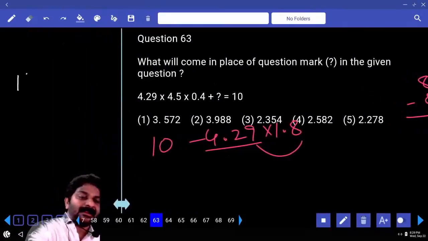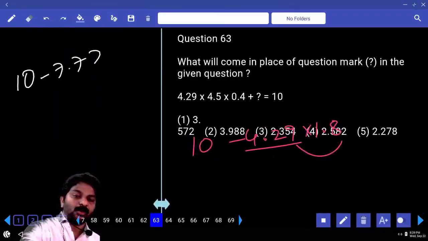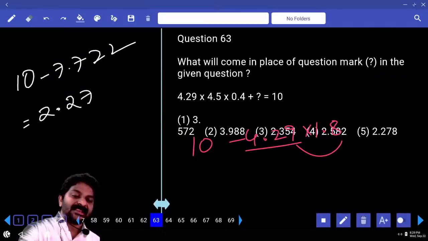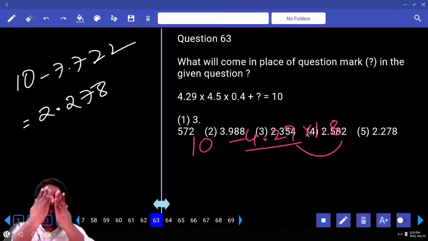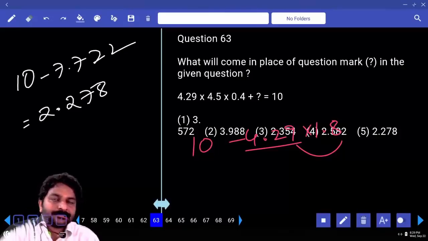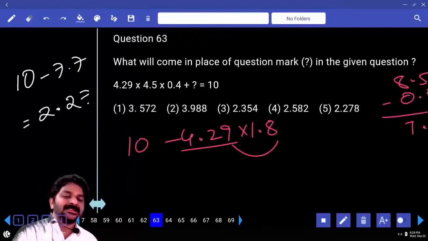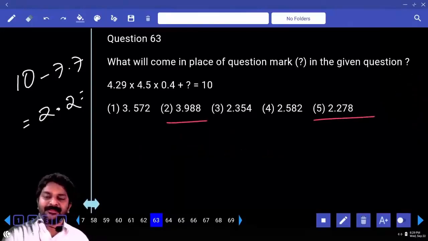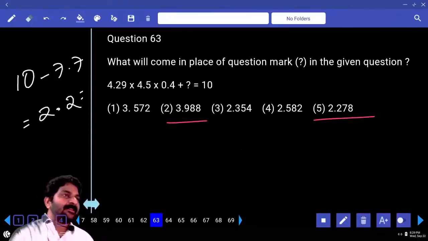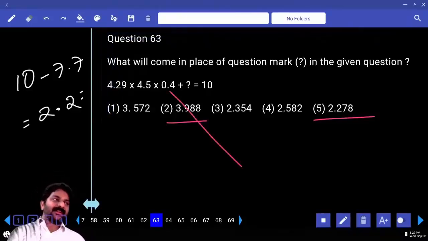So from 10, if you subtract 7.722, then the answer must end with 2.278. 2.278, fifth option answer. Understood? Again, here also you need not complete the entire answer. You know that your answer is either the second option or the fifth option. 10 minus 7 point something, in the sense the answer will be 2 point something. Second cannot be your answer, fifth final answer.